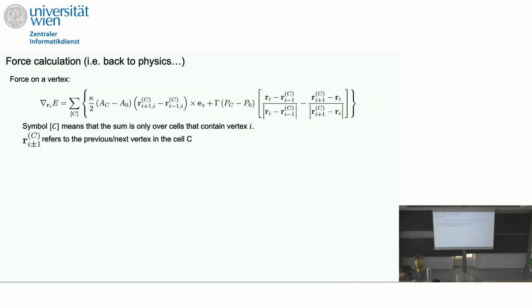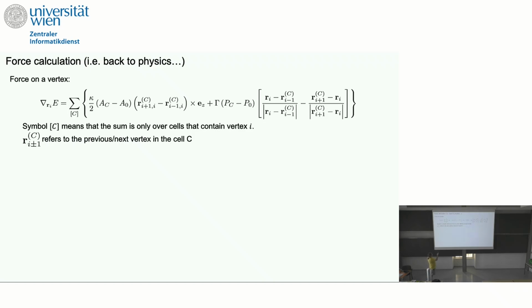Okay, so now we're getting back to physics. Now that we have all the ingredients in place, remember I showed this formula. I actually want to calculate the force on each vertex. And then I said I'm going to explain what these symbols in here mean. So if I want to calculate a force on a vertex R, I need to put a minus in here, right?